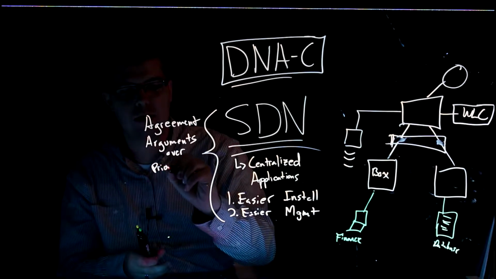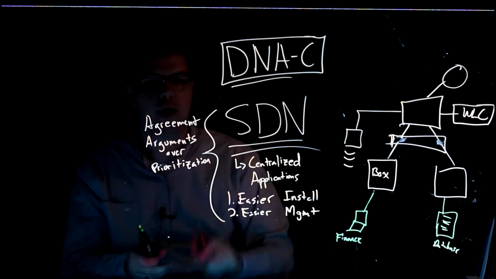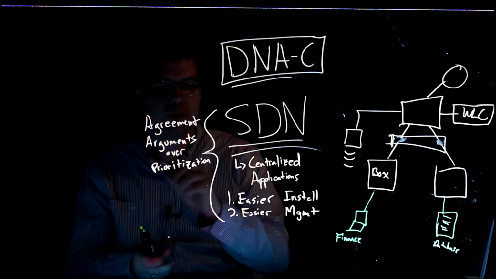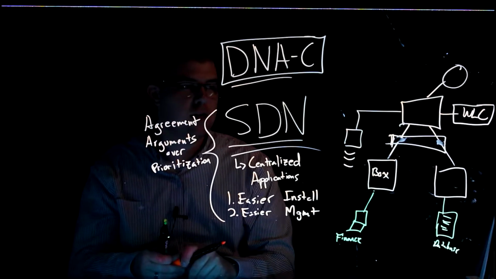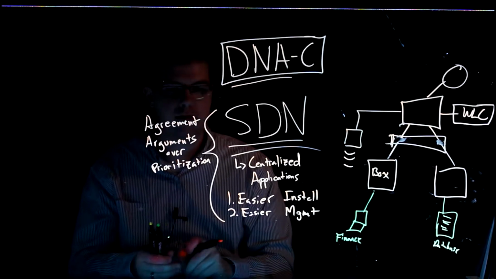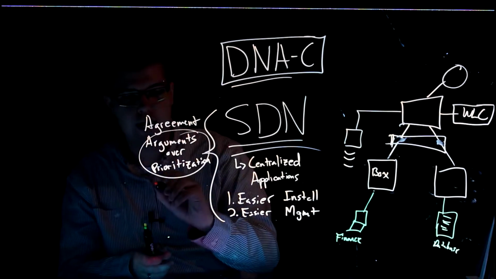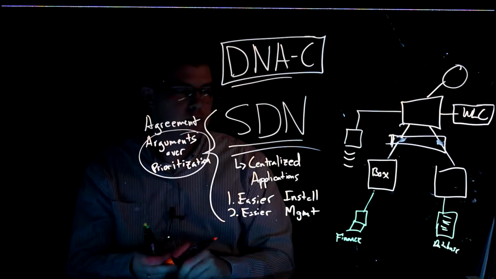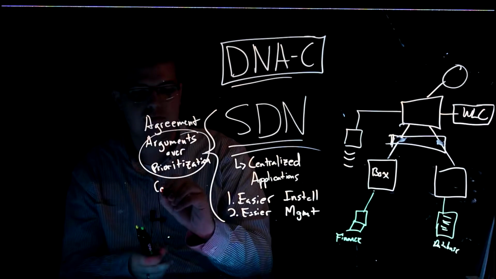I've got an application that I wrote. I think it's the most important application in the world. It should be prioritized. You've got an application that you wrote. You think it's the most important application in the world. It should be prioritized. And so we had trouble agreeing. And since the applications are driving the security of the network, we kind of lost control, or at least the enterprise did.